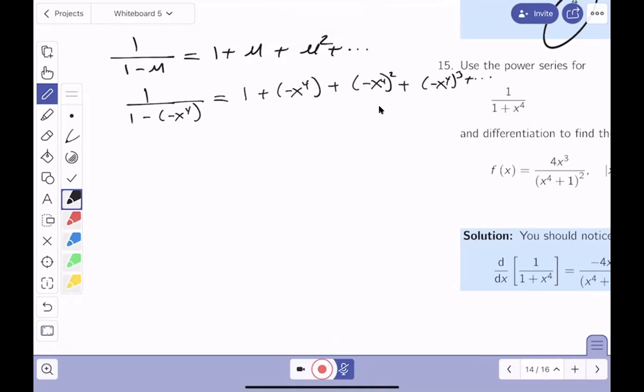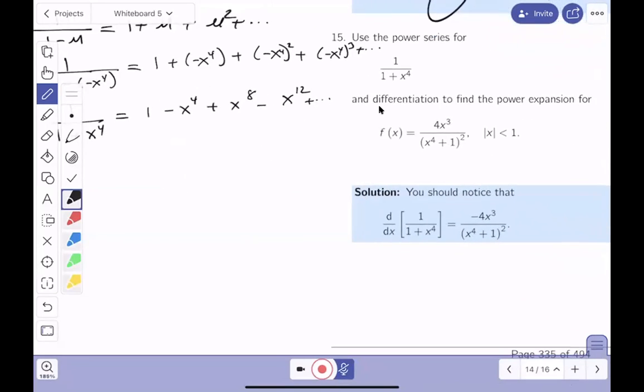So what is this equal to? Let's write this down: 1 over 1 plus x^4. I guess I should switch the other side. So it's going to be 1 minus x^4 plus x^8, plus, not plus, I'm sorry, minus x^12. I think you get the idea.